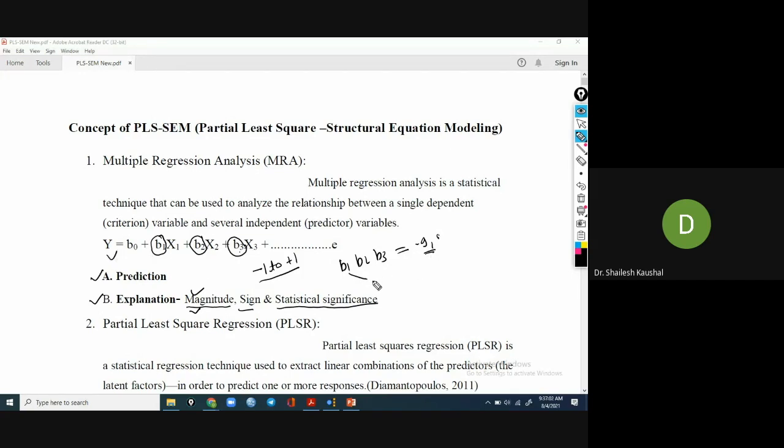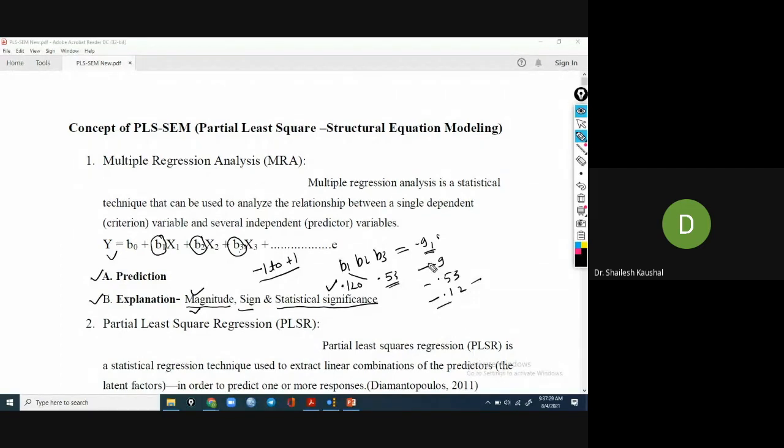Its value may be 0.5, so it is a medium value. A low value means if its value is 0.1 to 0, it's a low magnitude. The same may be negative also: -0.9, -0.53, -0.12, and so on.